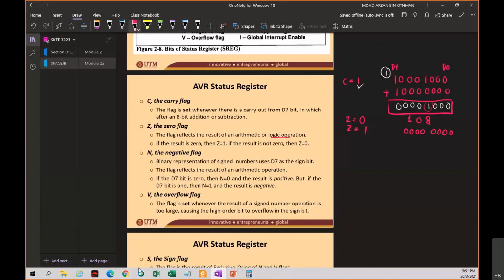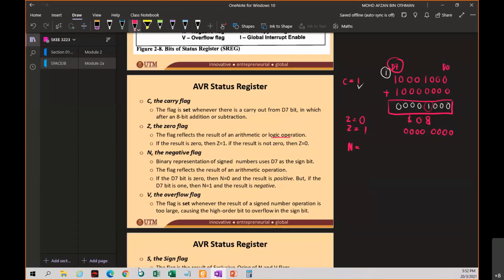Meanwhile, for the N flag, which is the negative flag, the binary representation of a signed number uses bit 7 as the sign bit. The flag reflects the result of an arithmetic operation. If bit 7 is 0, then N equals 0, which means the CPU knows that it is a positive number. But if bit 7 is 1, then N equals 1, which results in a negative number.